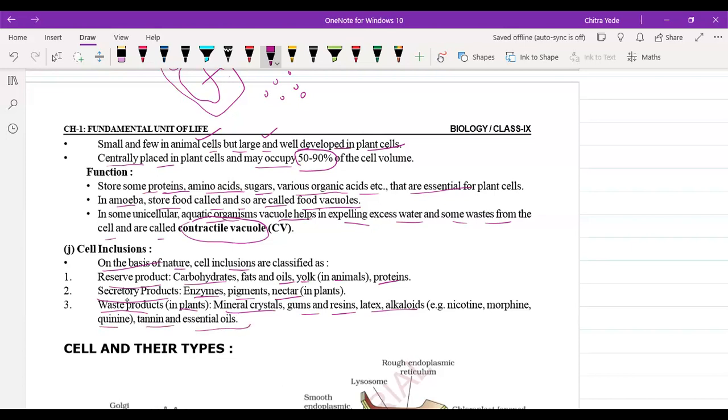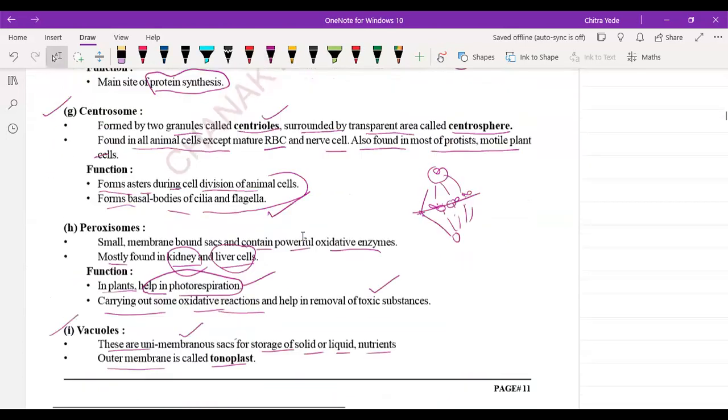They help in spread of this material. So this is all about the cell organelles.